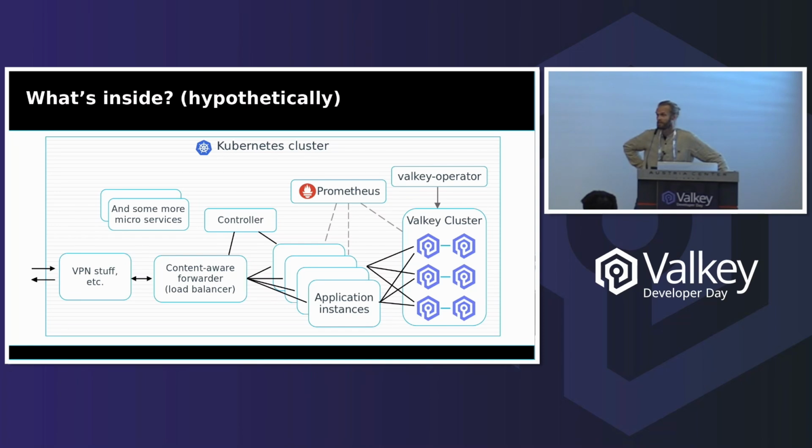Okay, I see. So the question is how we replicate, right? Correct. Valkey cluster is sharded. Each shard is horizontal scaling, and the replicas are providing high availability for those.